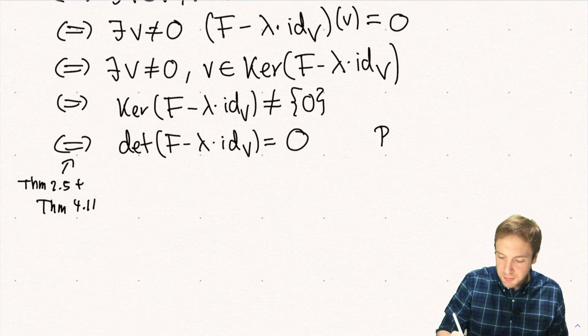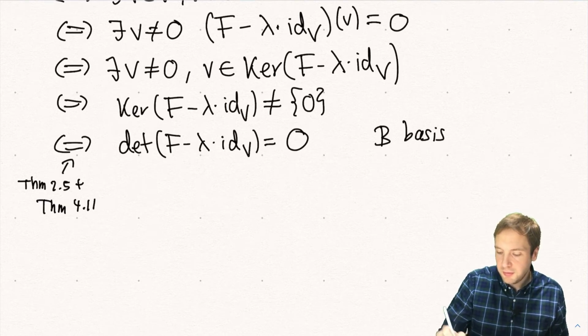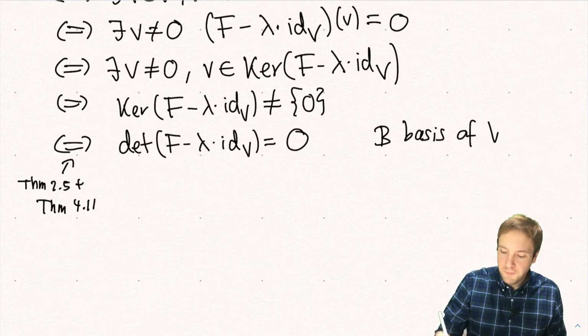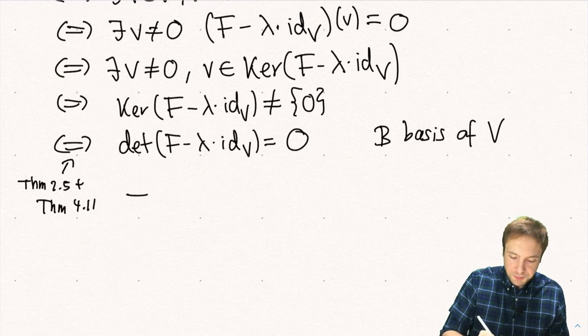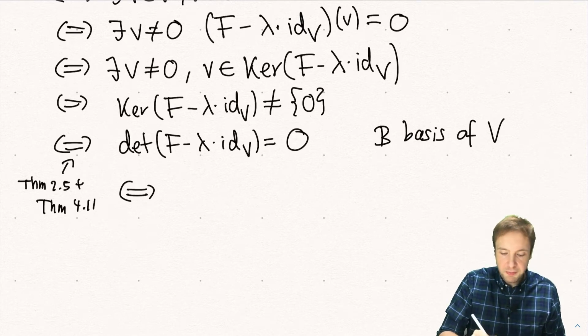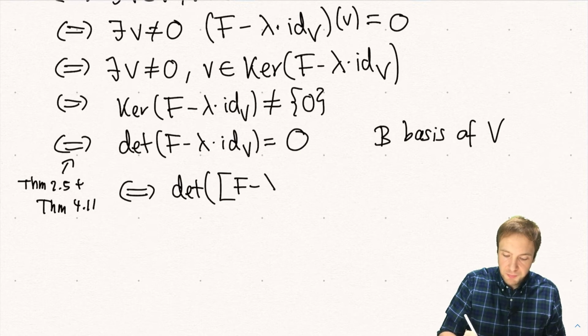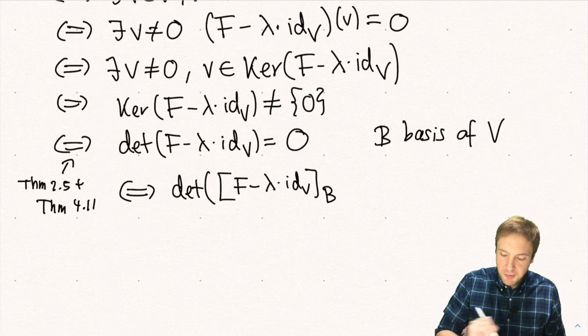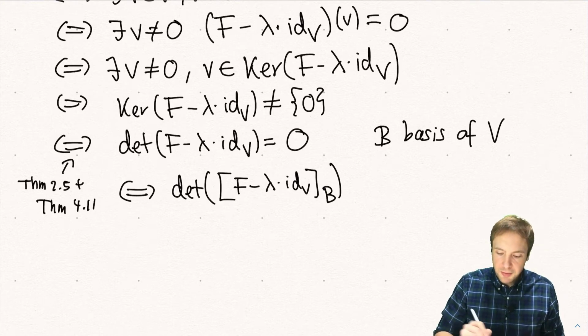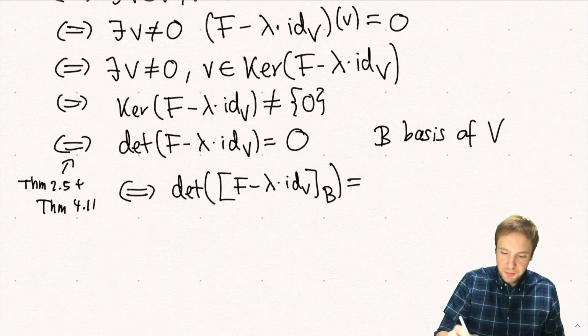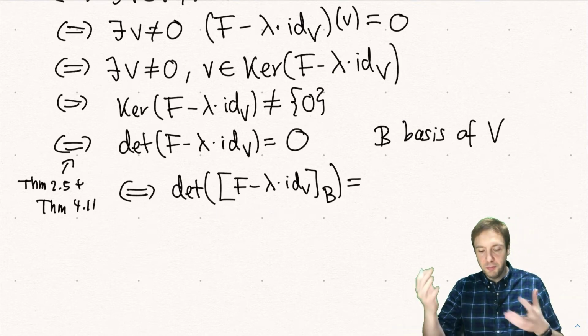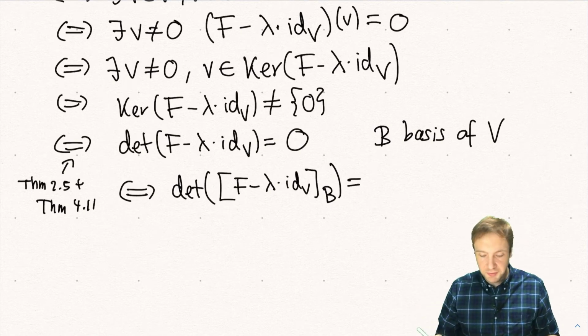So if B is a basis of V, then the determinant of this linear map was defined by the determinant of the matrix attached to this linear map with respect to this basis B. But so this coordinate vector here basically just meant we multiply by these change of basis matrices.